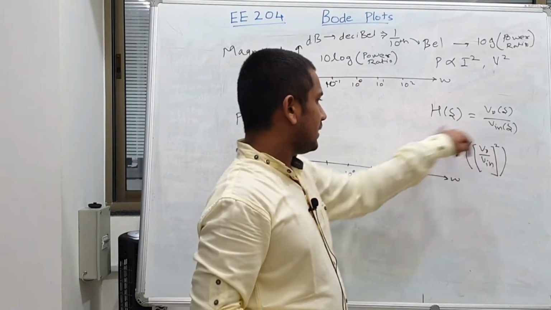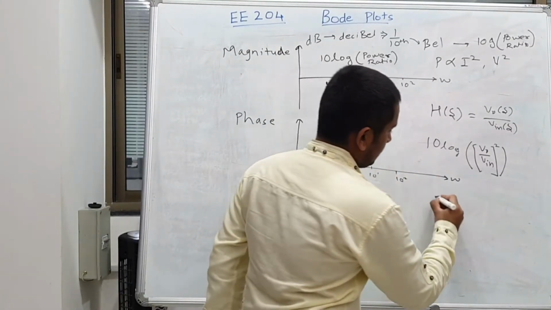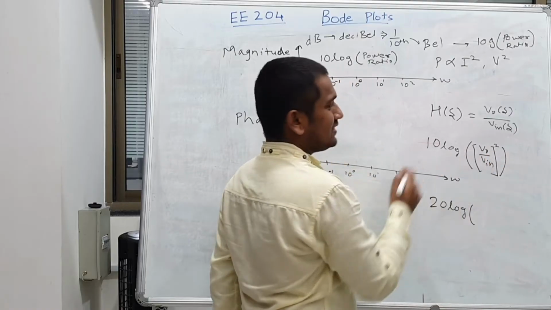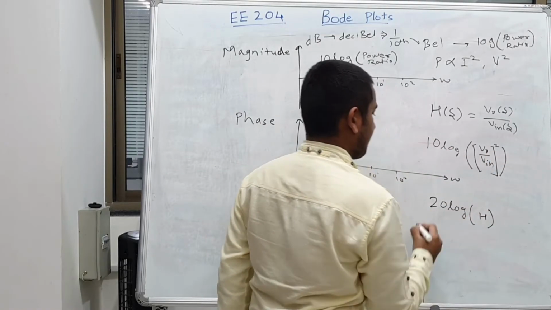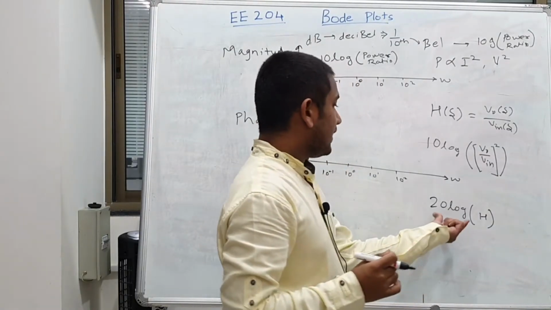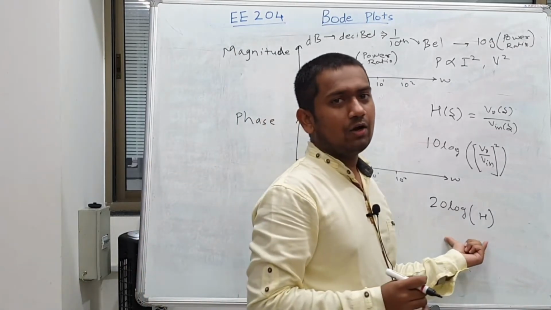The 2 will come here, and this can be rewritten as 20 log of voltage gain, which is H. It means that whenever we are looking at a magnitude, we will always apply 20 log.